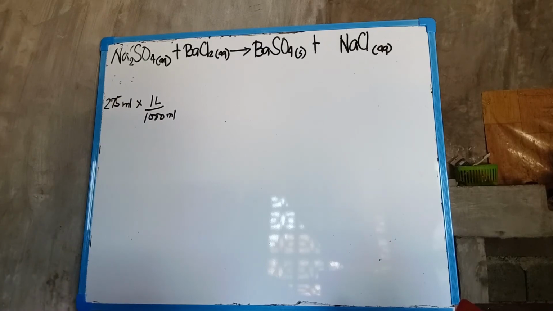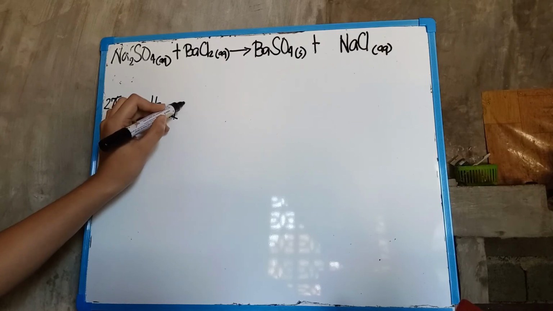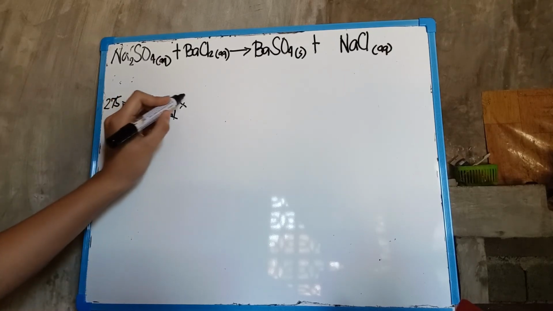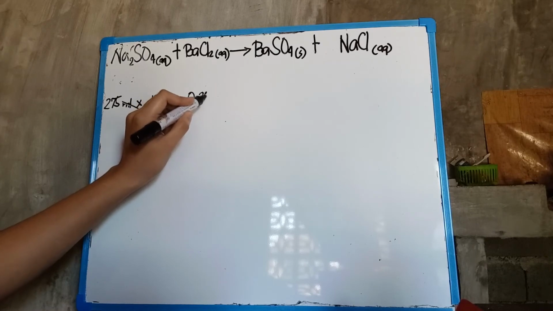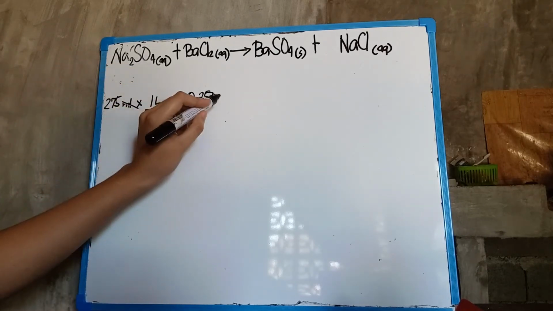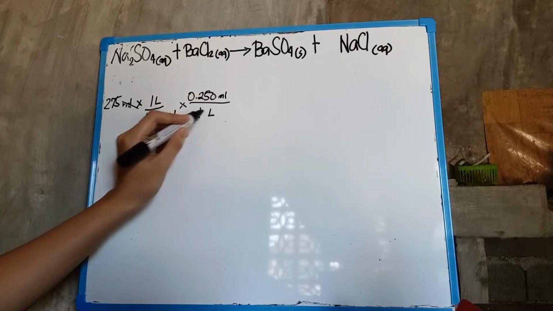So all we have to do is cancel out the mL. After that, you can now proceed to obtain the moles of the barium chloride. So 0.250 mole over 1 liter.